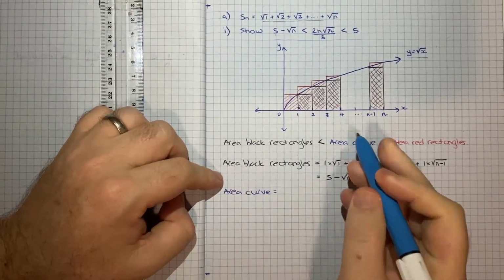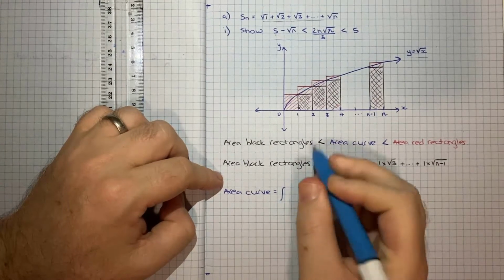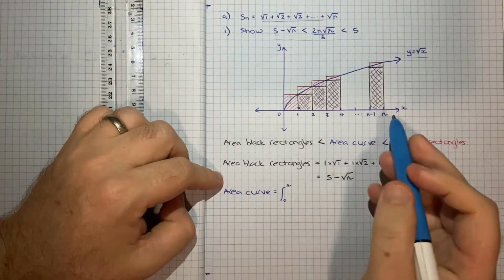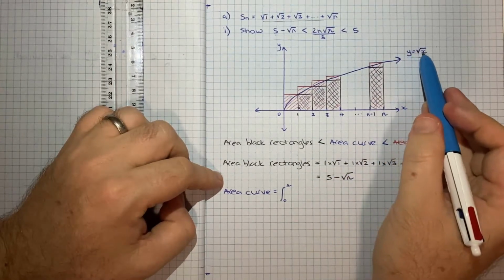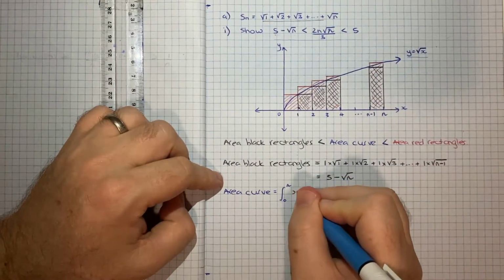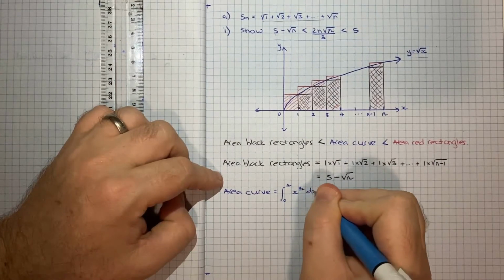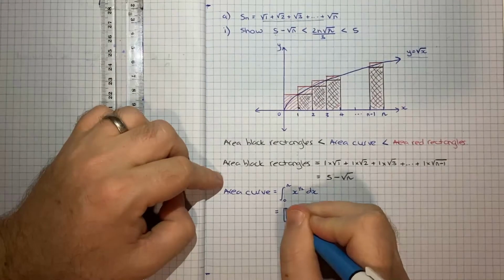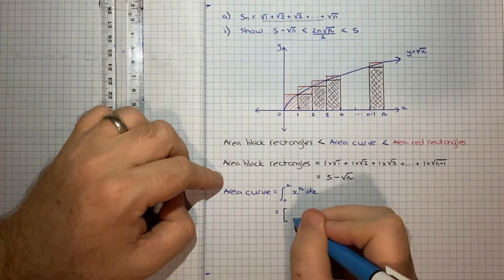that's going to be given by our integral between 0 and n of y equals root x. So I'll just write that as x to the half dx. In terms of integrating that, we will add 1 to the exponent and then divide by the new exponent.